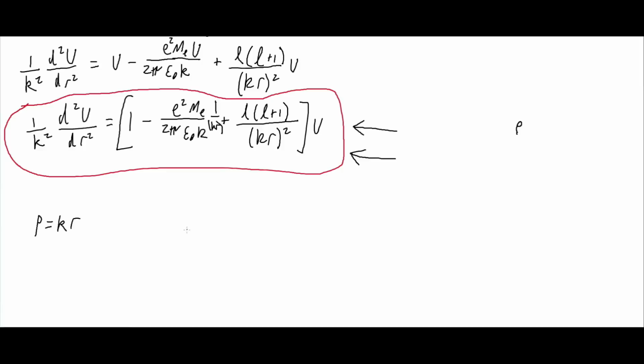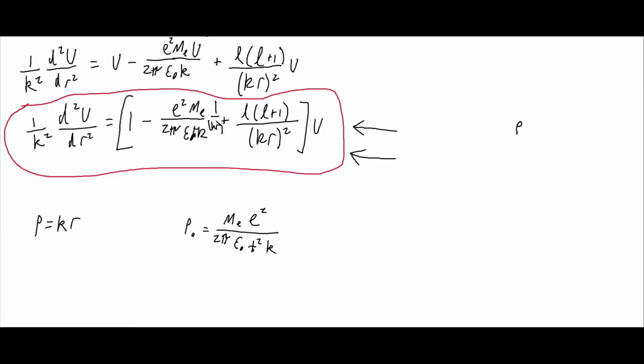Then we will have a rho sub naught be our m sub e times our charge squared, that will be over 2 pi epsilon naught. And then we have our h bar squared k. And so this should actually have an h bar in it too.